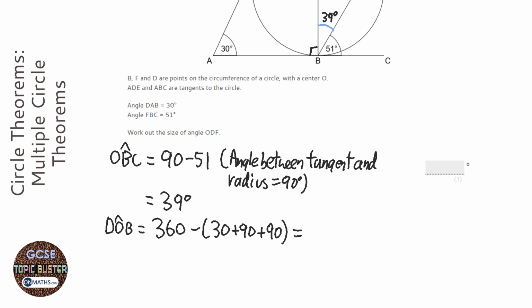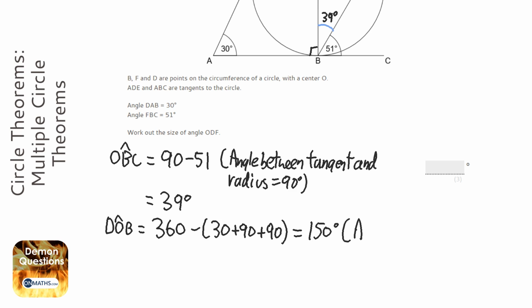Okay, so I need to give a reason. Well, let's work it out first, and we can give a reason afterwards. So we're going to take away 180 plus 30, so that's 210 from 360. That's going to be 150 degrees.